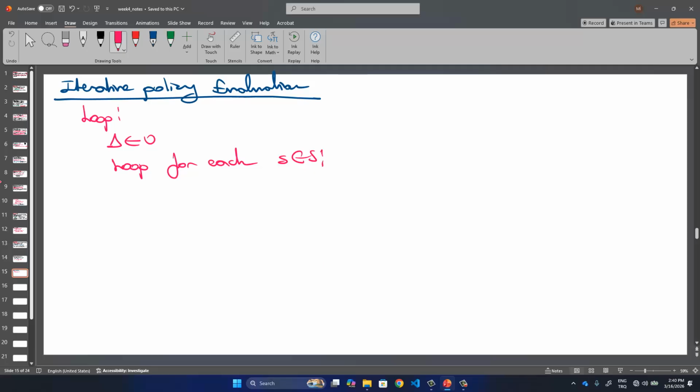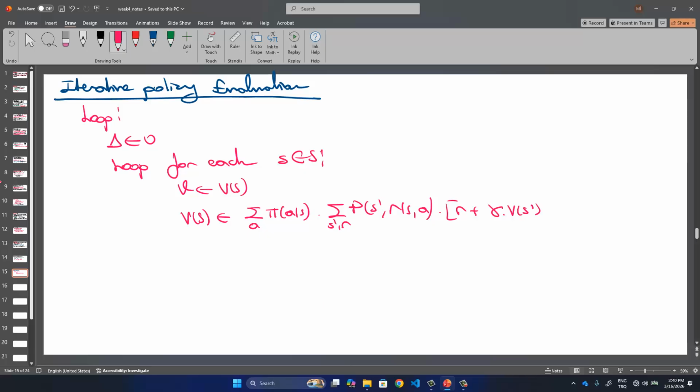V is assigned the V of s. After that, V of s is set to the new values of these terms: the weighted sum with pi of s, the policy weighting, and S prime and R given in here as the probability times R plus gamma times V of s prime.